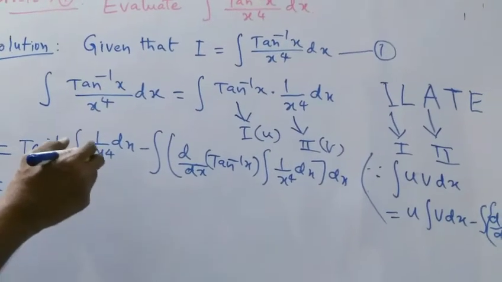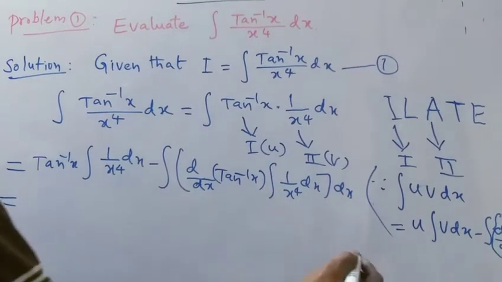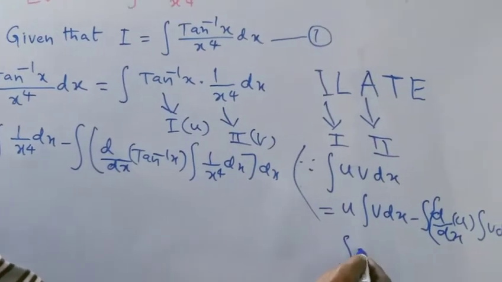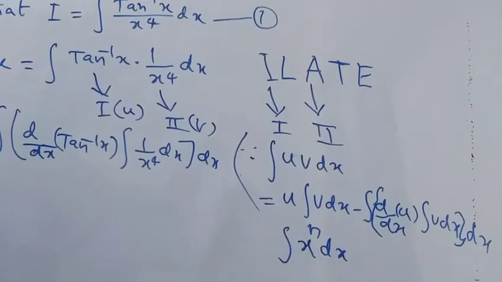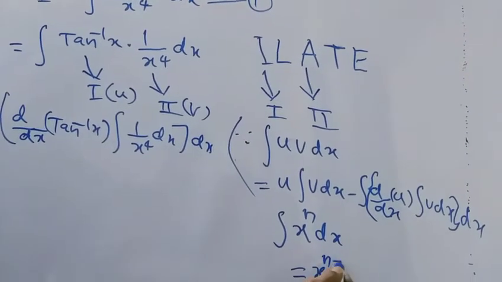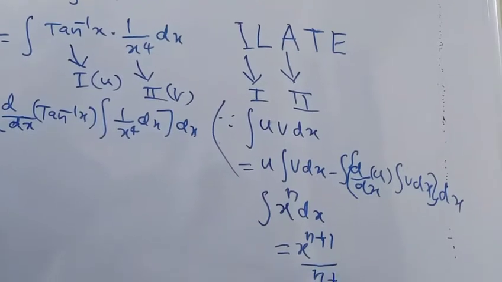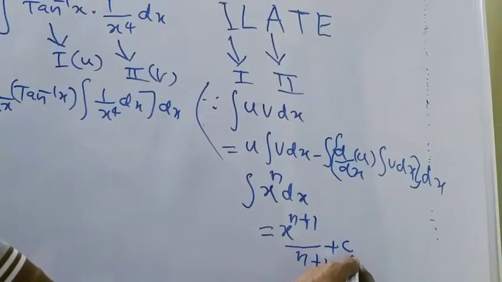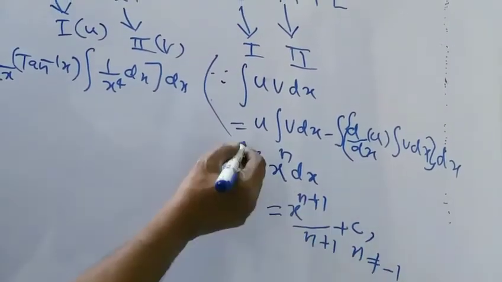The basic formula from the beginning of integration: integral of x to the power of n dx is equal to x to the power of n plus 1 by n plus 1, plus c, where n is not equal to minus 1.